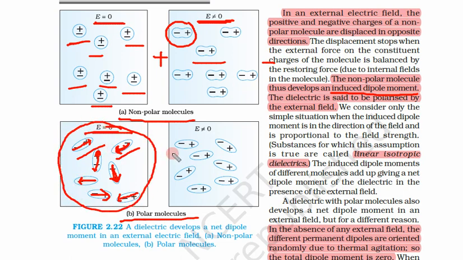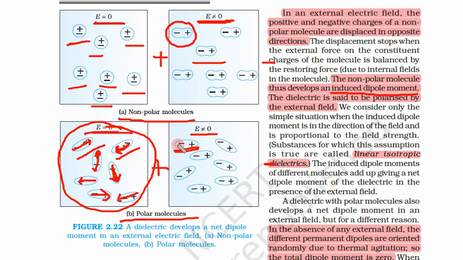But as soon as you apply some external electric field, positive on this left side, because you can see the negatives are on this left side and negative on the right side, so the positives are aligning towards the right side. Even though this external electric field has not induced the dipole moment because it was already there, they have started aligning.